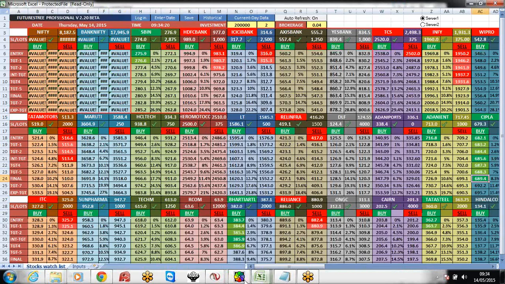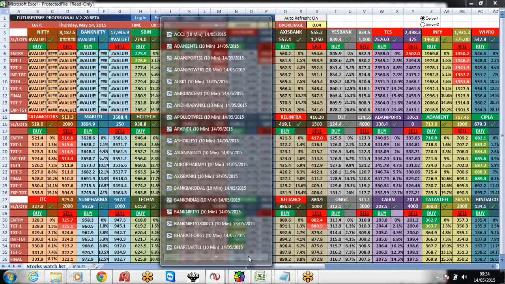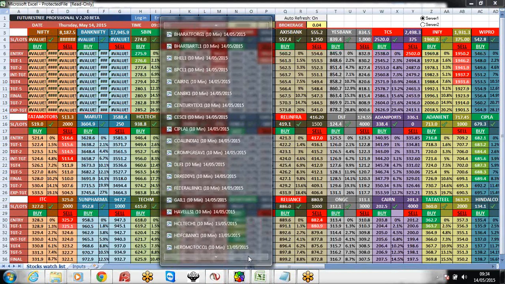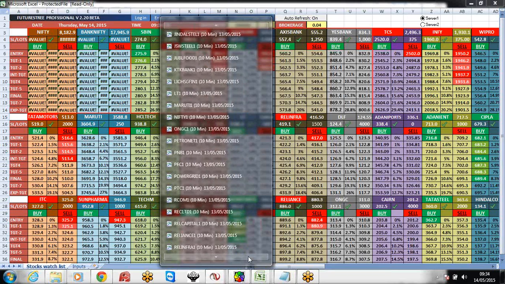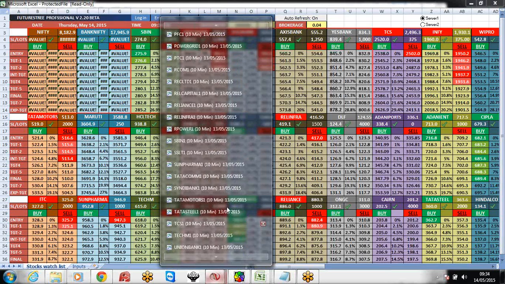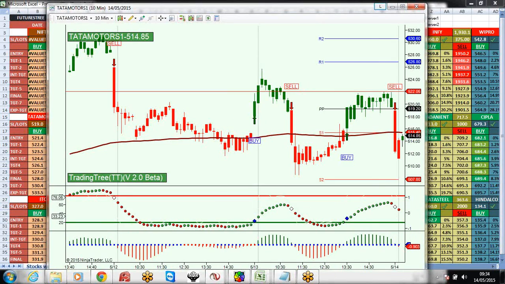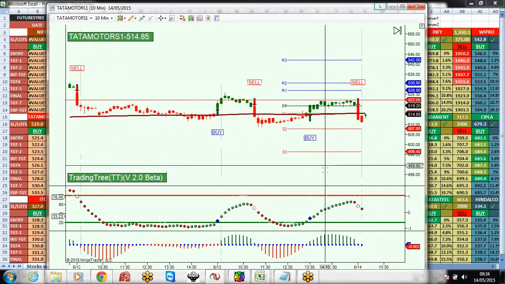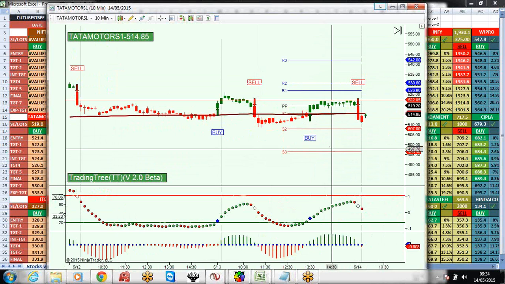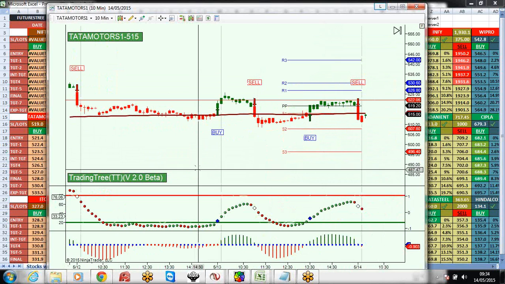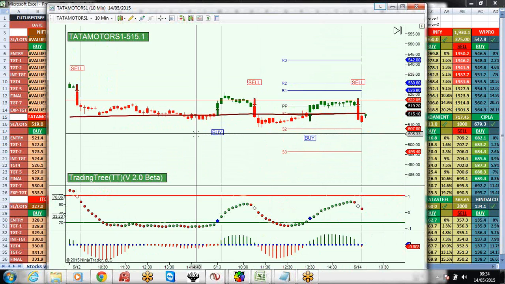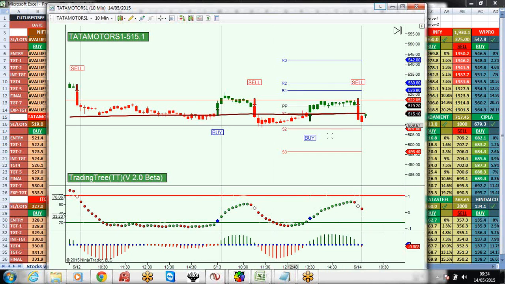Now it's moving up. So we'll wait for some more time, for Tata Motors at least. Tata Motors and some other scripts.